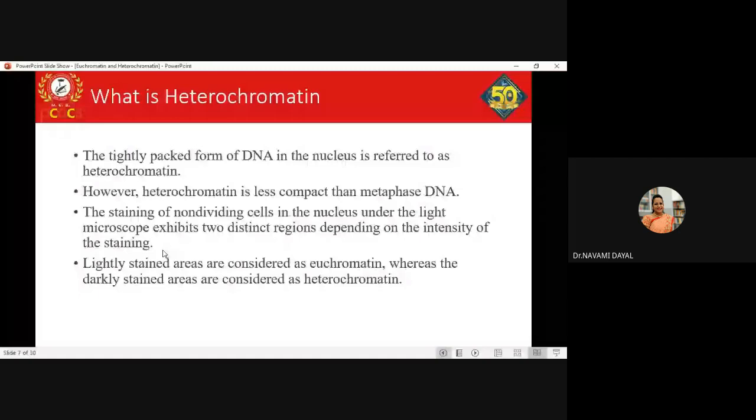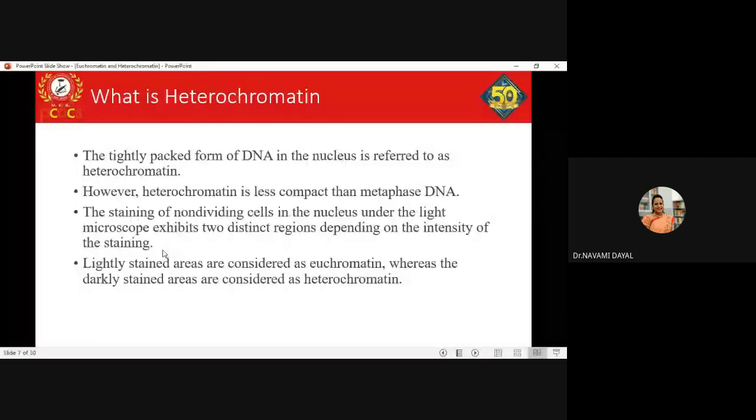When you stain a particular chromosome, some regions get stained dark, whereas some regions get stained light. That is because the lightly stained regions are euchromatin, and the dense or darkly stained region is your heterochromatin.